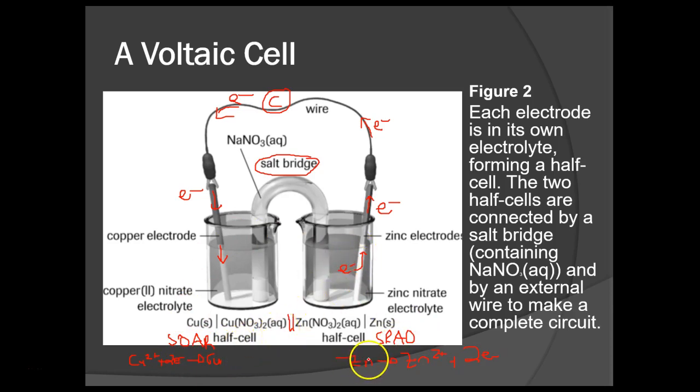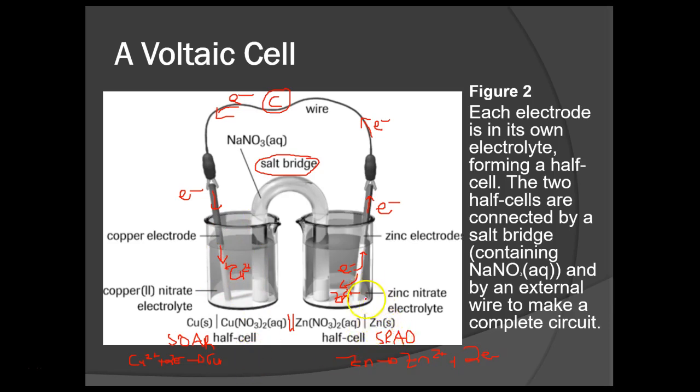What's happening is we're losing electrons as solid pieces of zinc are breaking off of this zinc electrode, and they're turning into zinc 2+ ions. And what's happening over here is as those two electrons move their way along the wire and get to the copper electrode, the two electrons are actually going to join up with the copper ions that are in this electrolyte solution. So those copper ions are going to gain 2 electrons and attach to this electrode.